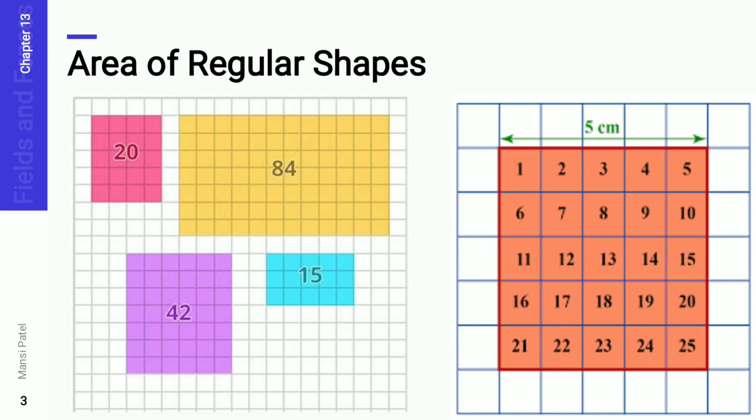Why are these shapes known as regular? Because whenever we draw these shapes, whole boxes are occupied. That's why these are known as regular shapes.